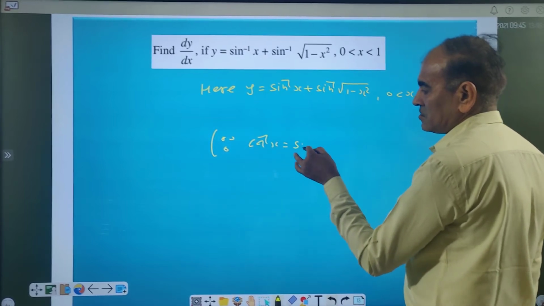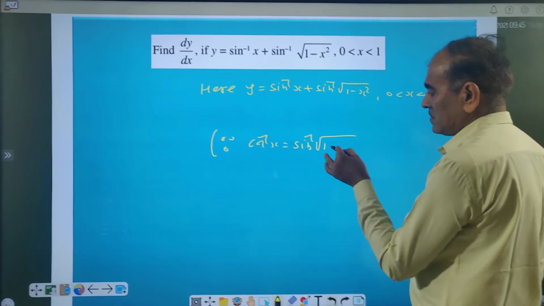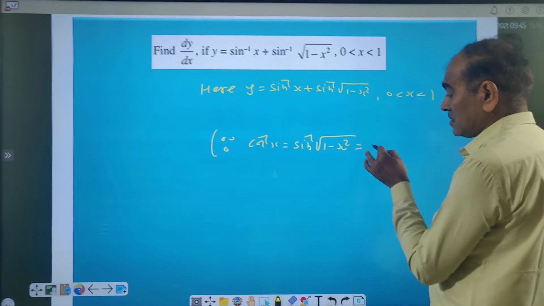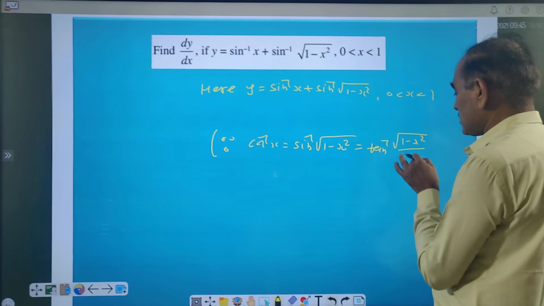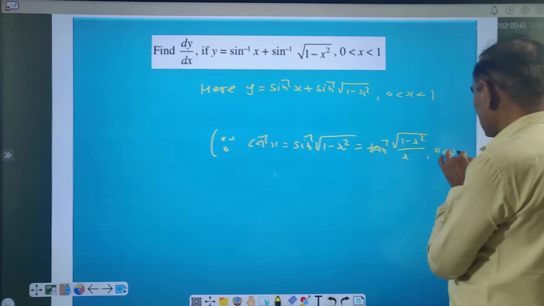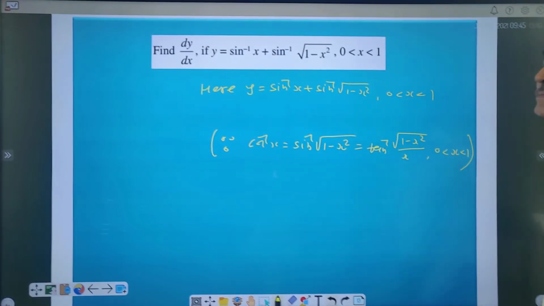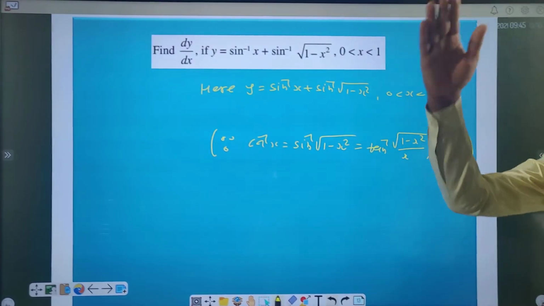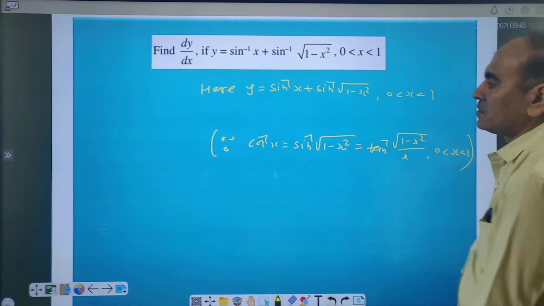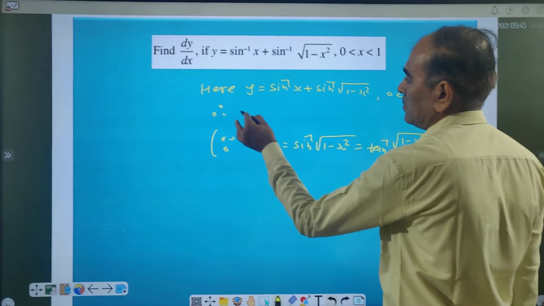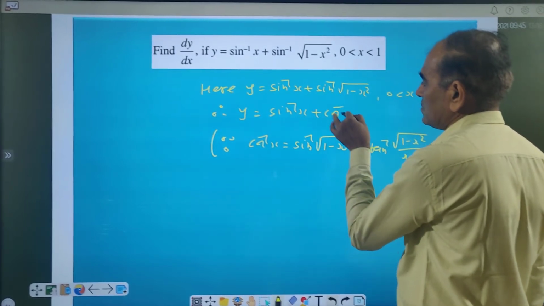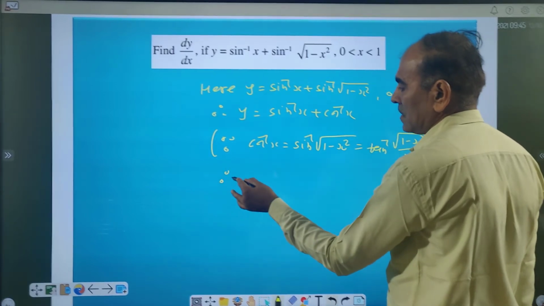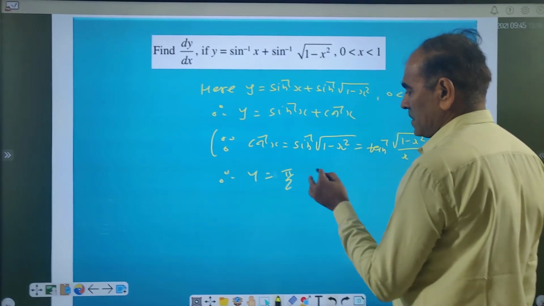We know that cos inverse x is equal to sin inverse under root 1 minus x square, which is equal to tan inverse of under root 1 minus x square upon x, for 0 less than x less than 1. You have already seen this in chapter number 2, inverse trigonometry. So therefore, we get y is equal to sin inverse x plus cos inverse x, and therefore y is equal to pi by 2. Why?